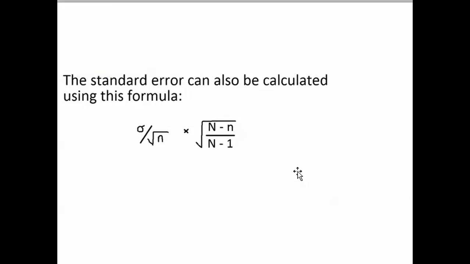So if we want to use this formula to get the standard error, the first step is finding the standard deviation of the population. And then after that, the rest of the steps are pretty straightforward because we just have to know the population size and sample size, and then we can plug them in.